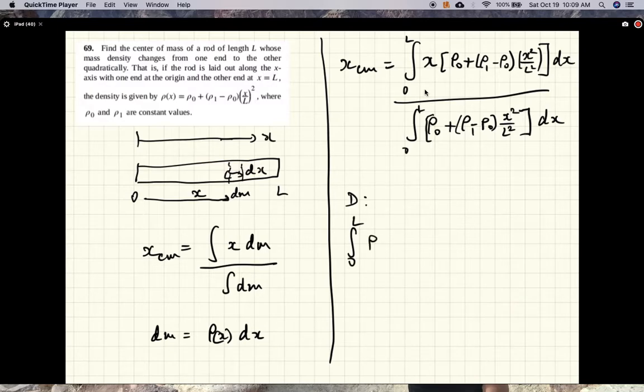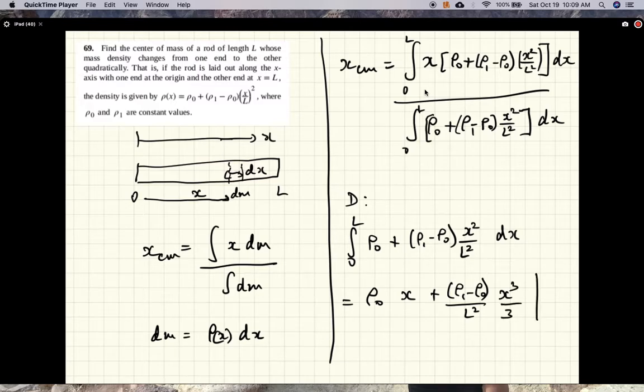The integral from 0 to L of rho naught plus (rho 1 minus rho naught) x squared over L squared, dx. So this integral would be rho naught x plus (rho 1 minus rho naught) over L squared times x cubed by 3, and all this is evaluated between 0 and L. So this first term gives you rho naught times L, and the second term gives you this times L cubed.